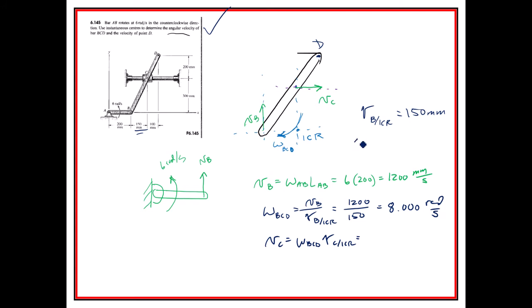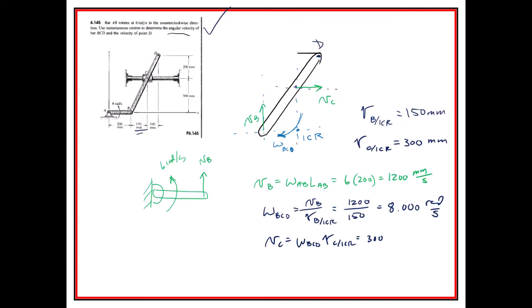And we can see that the RC with ICR is just going to be, double check, yeah, 300. So 8.00 and 300, or 2400.